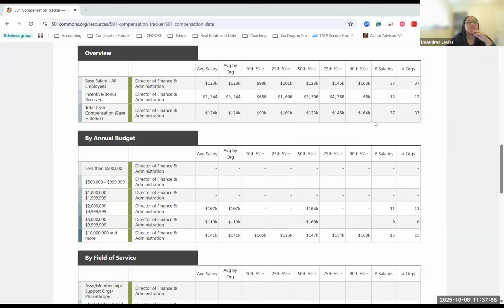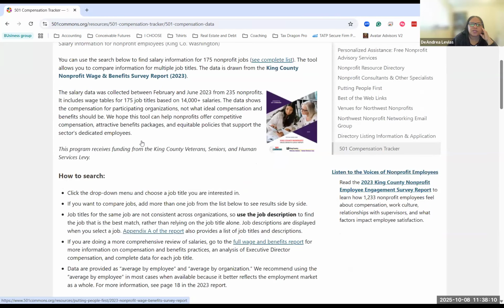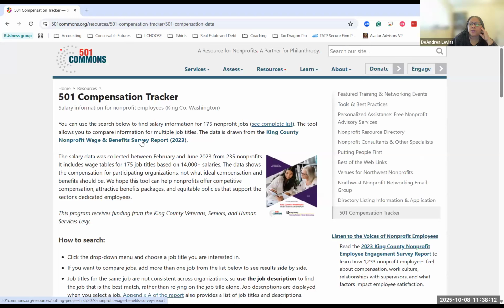The 501 Commons does this wage and salary benefit nonprofit wage benefit survey report. The last one that's been published is 2023, waiting for the 2025 report to come out.